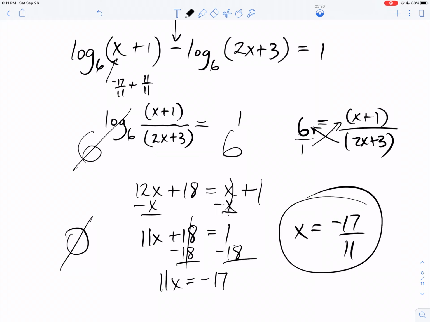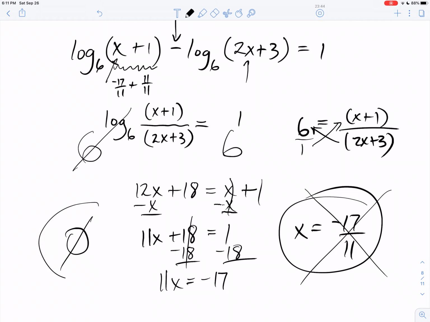I can't take the log of negative anything. All it has to do is ruin any part of your original statement, and that is a bad answer. Okay? And if I plugged it in here, you could verify that right there it would ruin the party also. All it has to do is ruin it in one location.